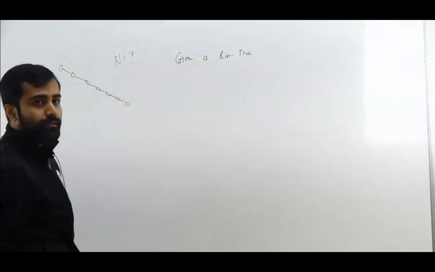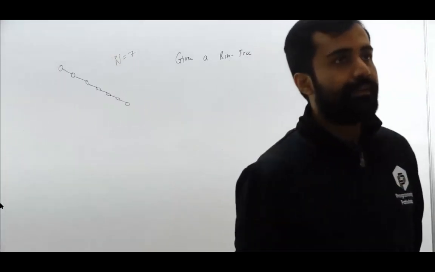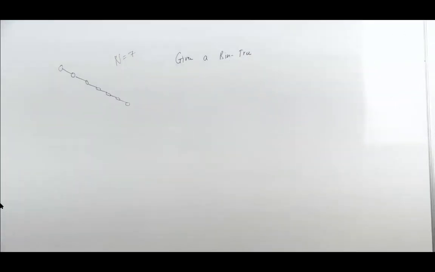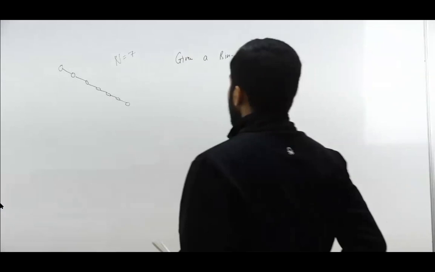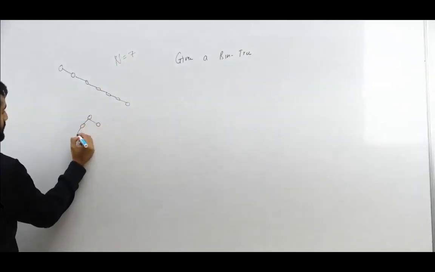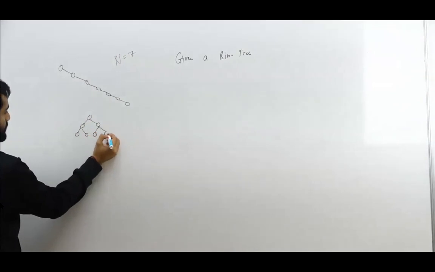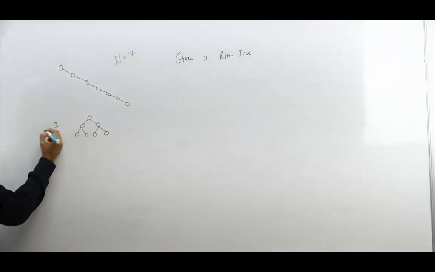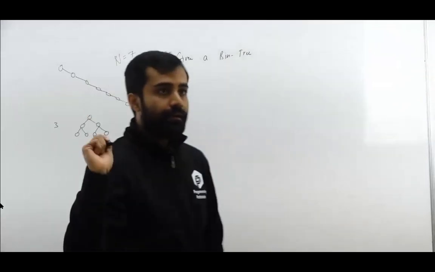And if there are 7 nodes, take out your pen and paper and tell me what will be the minimum height. The minimum height will happen when you have got a perfect tree. In this case, the height is 3. Does it make sense?